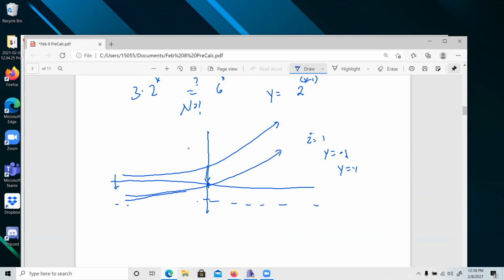Now we just handled the 2 to the x. We did not touch this thing yet. What this is going to do is move us 1 over to the right. So really we're over here. Now this asymptote stays the same, but all of this stuff over here moves 1 more unit over. That's what we have to do. But this is also a vertical compression.